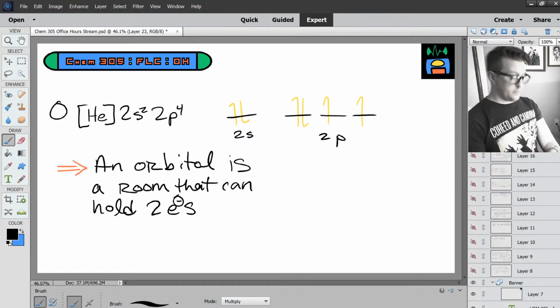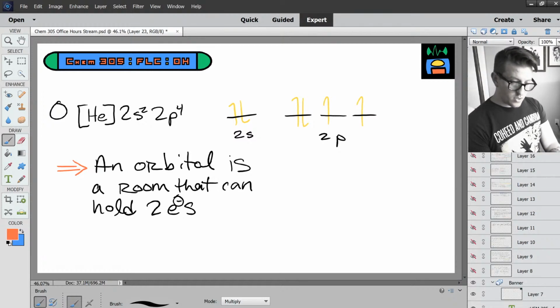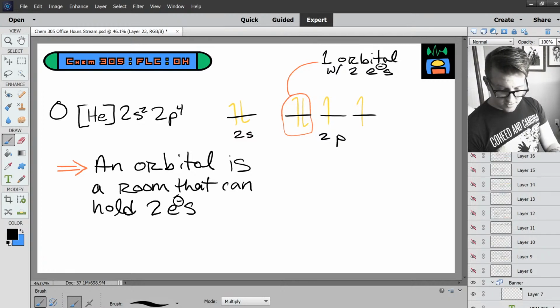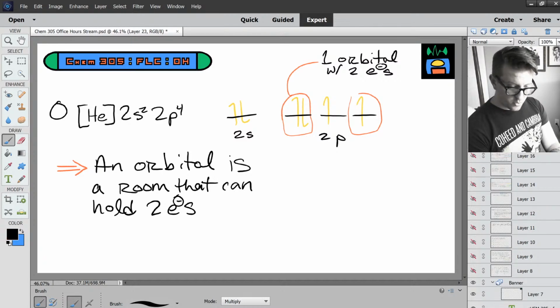So for example, this guy right here is one orbital with 2 electrons.